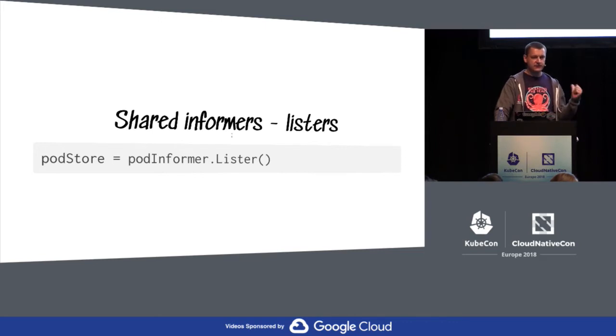They have access to the cache. Using client-go, you always hit the API server. And obviously, if you're working with 10,000 deployments or even more, you do care about using the cache as much as possible rather than going back to the API server.